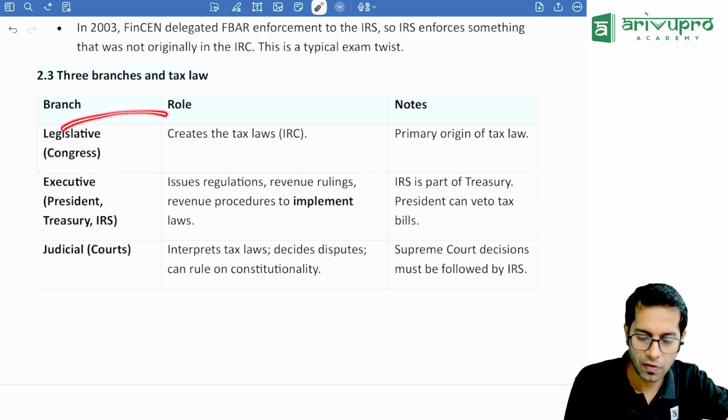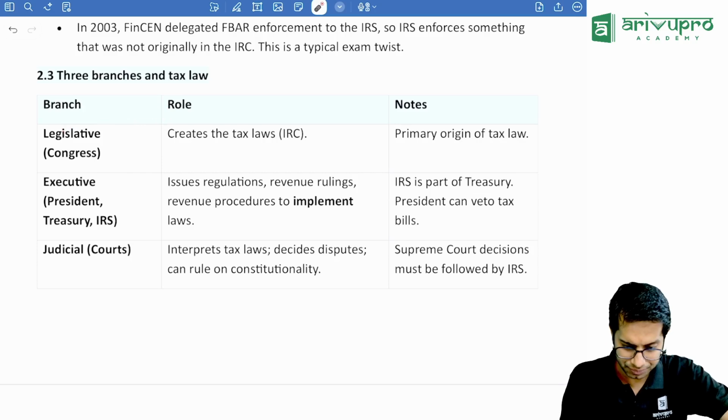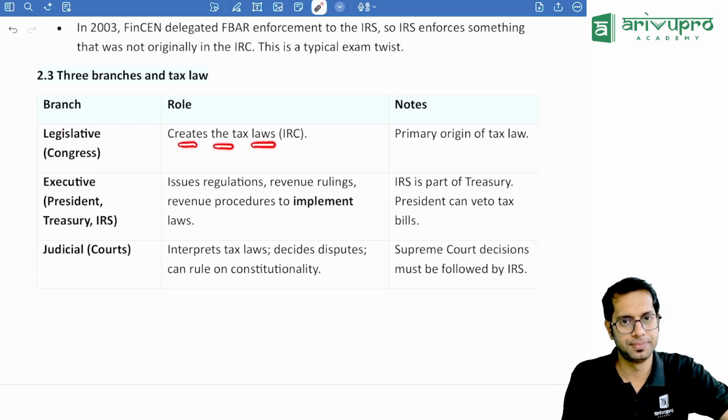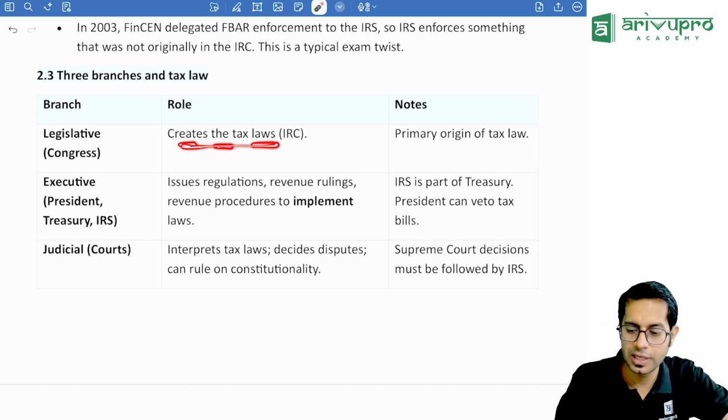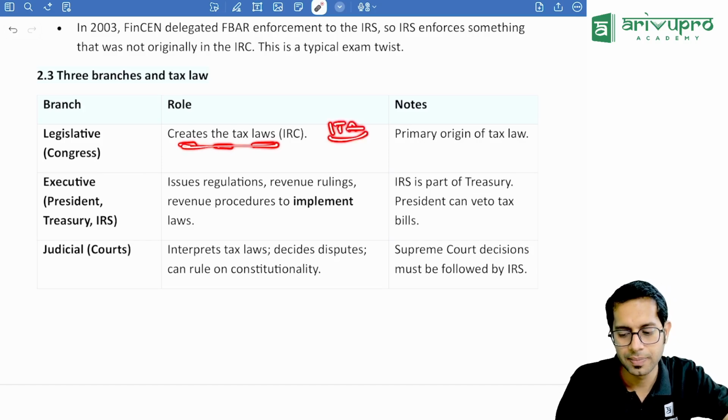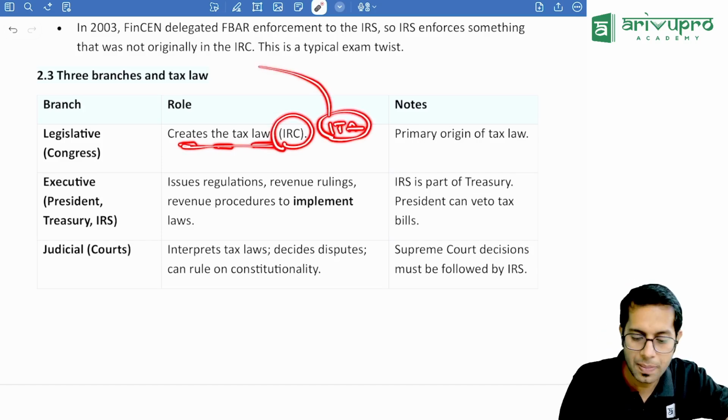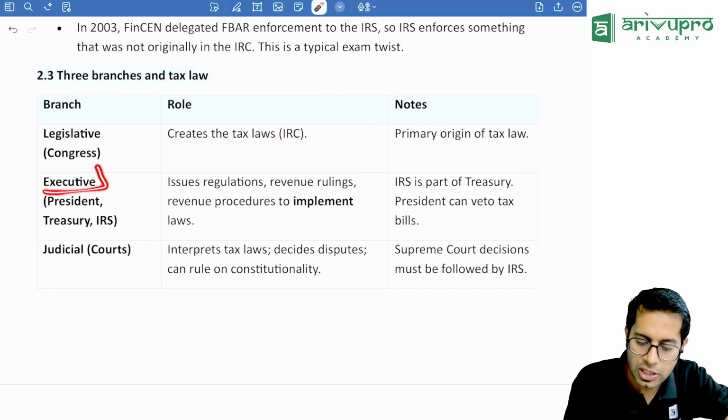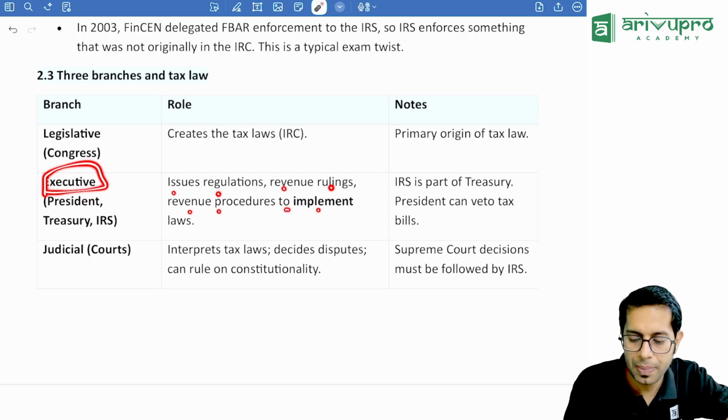What is the role of legislative? They create the law. For example, we have the Income Tax Act, they have the IRC. Who will make that Income Tax Act? The government of India. Now the executive levels issue the regulations, revenue rulings, and revenue procedures to implement the law.